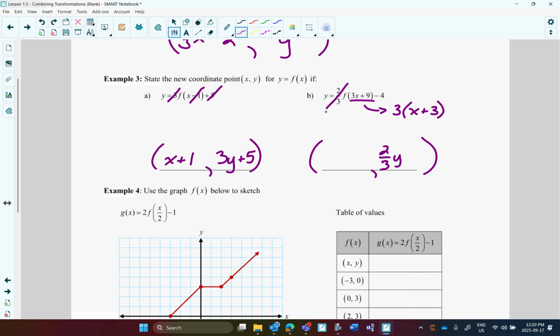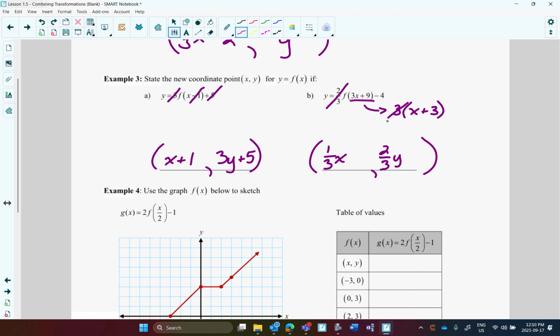The 3, no, let's do the stretches first. 1/3 X, because this is a horizontal stretch, but the stretch factor is actually the flip, 1/3. Okay, almost done.